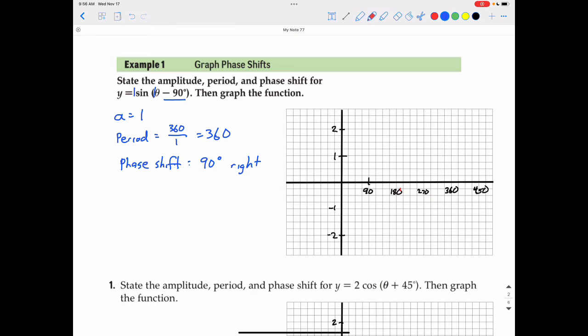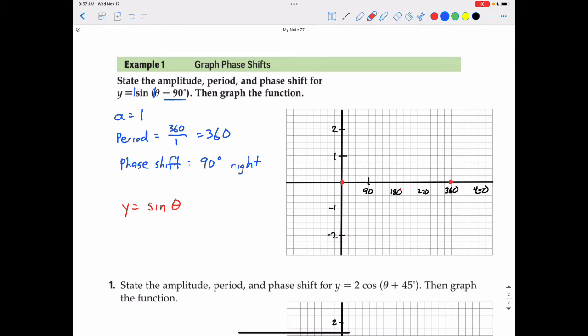Before I graph the final function, I'm going to graph the parent function, which is just going to be y equals 1 sine of theta. So this is without the shift of minus 90 degrees to the right. And how do we graph sine of theta? Sine of theta starts at (0, 0). It has a period of 360, so it ends at 360.